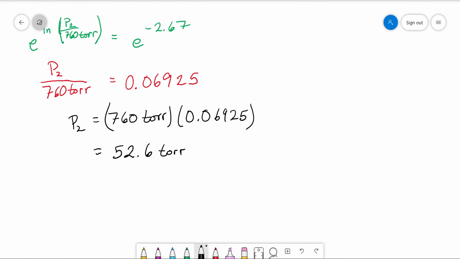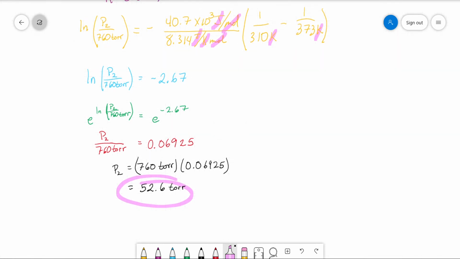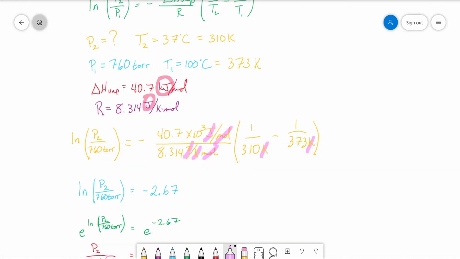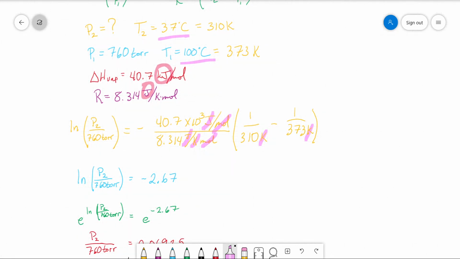Okay, so we can ask ourselves, does this make sense? 52.6 torr. Well, that's way less than 760, which is 1 atmosphere. And let's compare the temperatures. We're looking at 37 here versus 100. 37 is way lower than 100 degrees, so our vapor pressure needs to be way smaller. And vapor pressure is not a linear relationship with temperature.